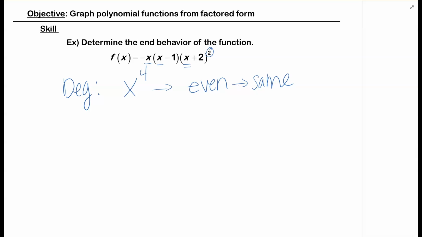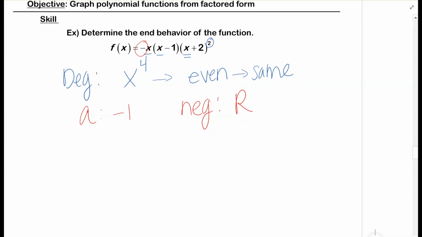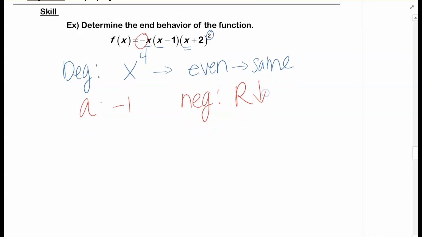Okay, and then I have my a value in the front. Notice it's negative, so this tells me a is -1, and the negative tells you which way the right side goes. So the right side, because it's negative, is going to go downwards, and because it's an even function, it's going to go in the same direction. So the left has to go the same direction as my right, and then just translate this to my end behavior statement.